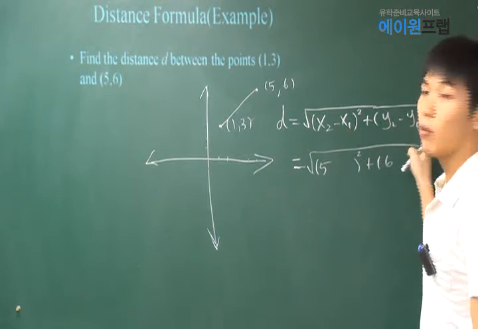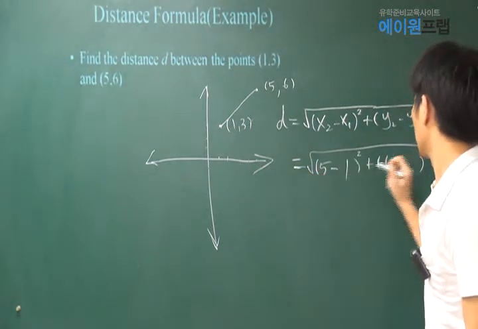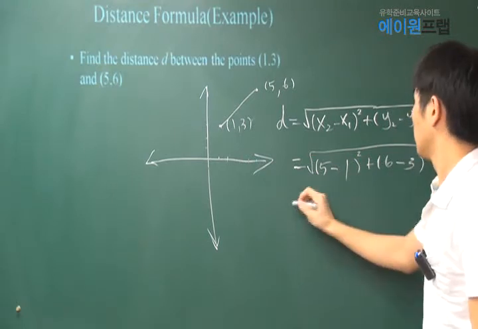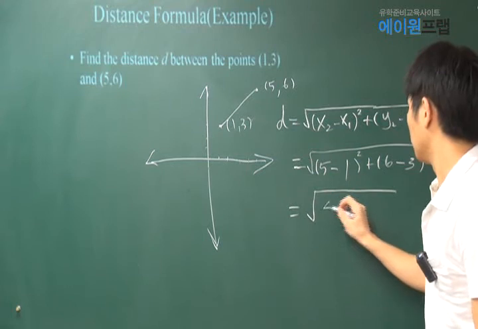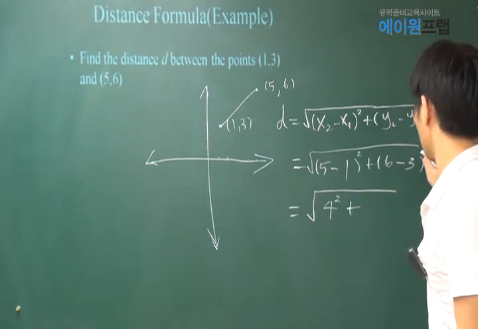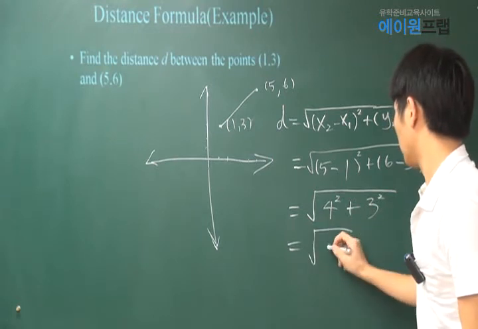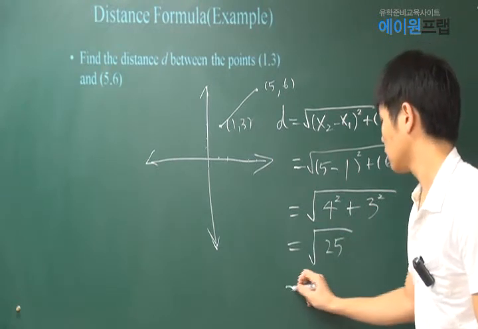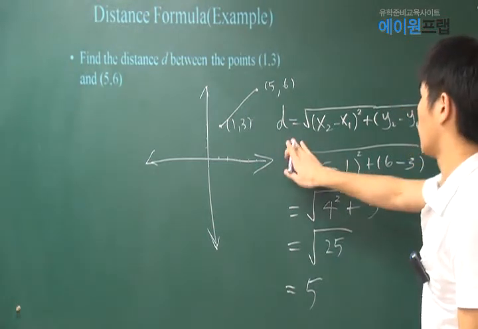Next, the x1 and y1 is indicating 1 and 3. So follow that. Let's put that in there. So let's see what we get. That comes out to be 4 squared plus 3 squared, so that comes out square root of 25, which is distance is 5.